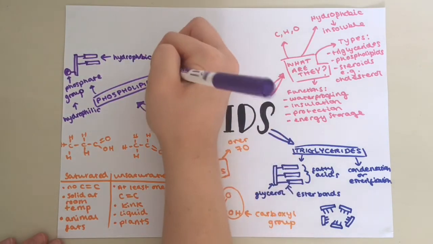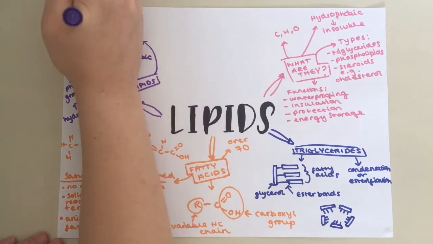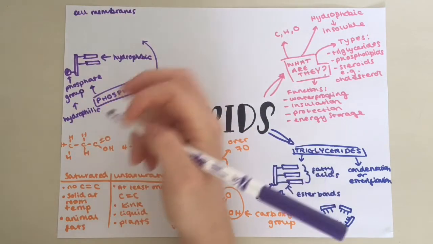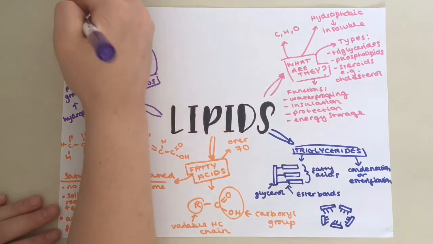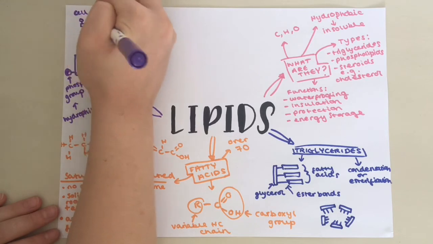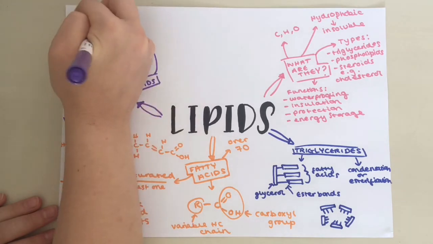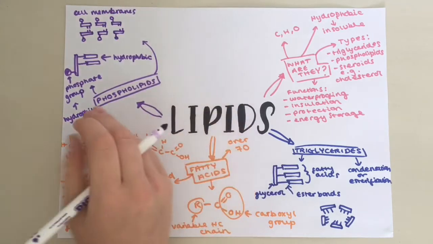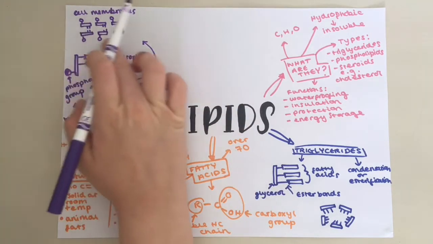You will find phospholipids in cell membranes, which control what leaves and enters a cell. I'm just going to draw the structure of a cell membrane with these phospholipids. So as you can see, we've got 6 phospholipids here.